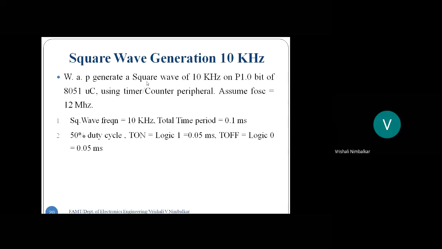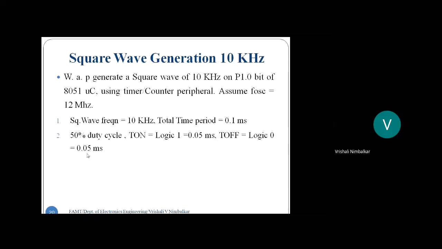And if it is a 30% duty cycle square wave, it means 30% of total time it is logic 1, and the remaining 70% it is logic 0. So that is duty cycle.